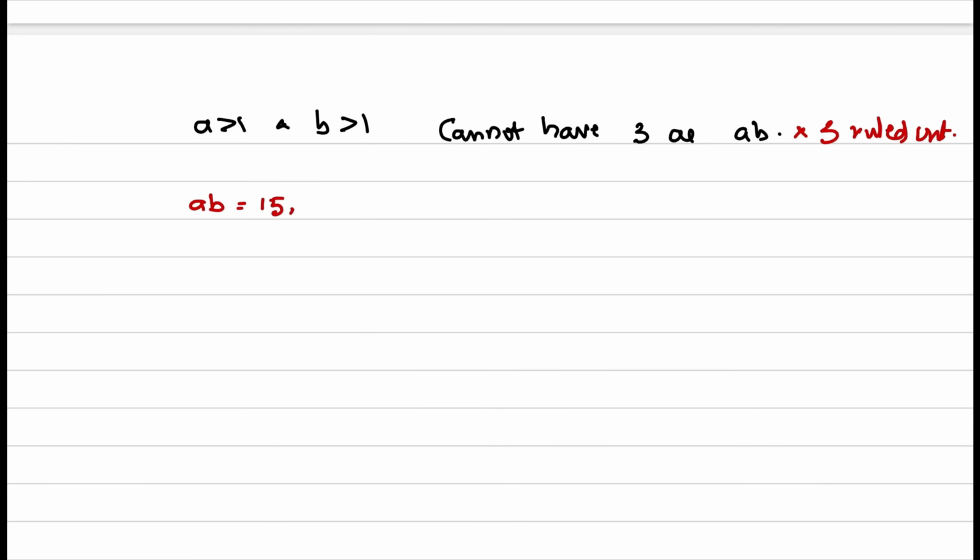The factors are 3 into 5 square. What are the factors you write here? 3 is the factor, 3 into 5 is the factor, 5 into 5 is the factor, 3 into 5 into 5 is the factor. Small factors I am talking about, because AB should be a factor of this.